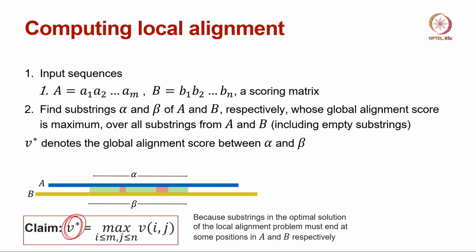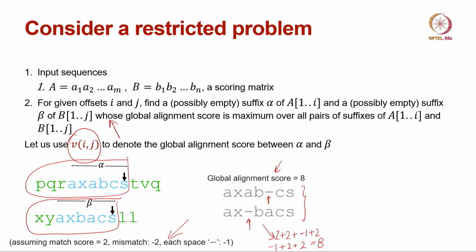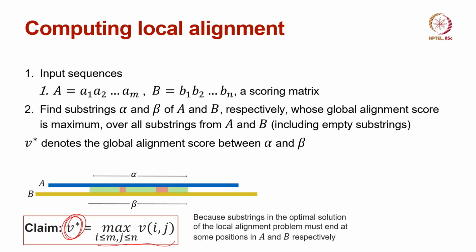So, if I look at the maximum of v_ij over all i ranging from 1 to m and all j ranging from 1 to n, then maximizing over all i and all j will give me the local alignment score.